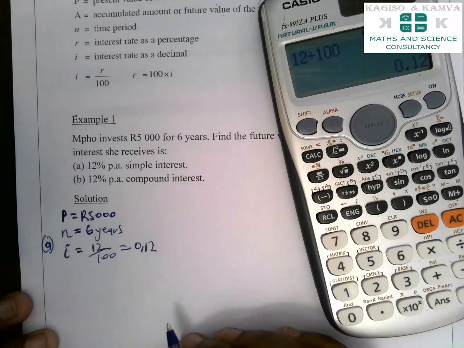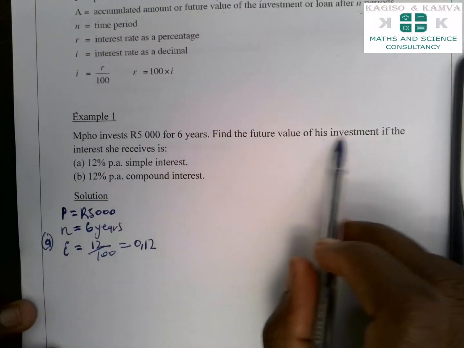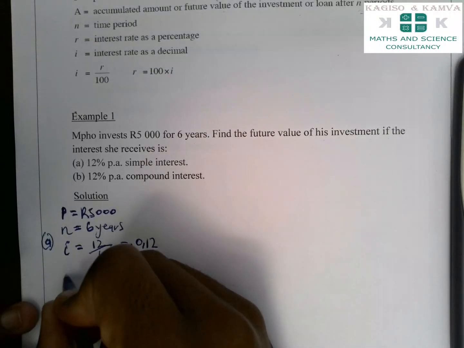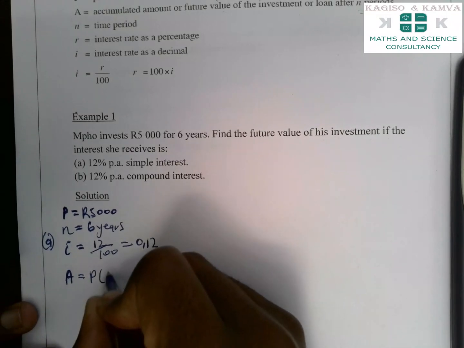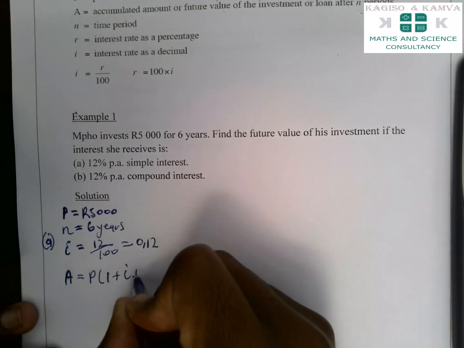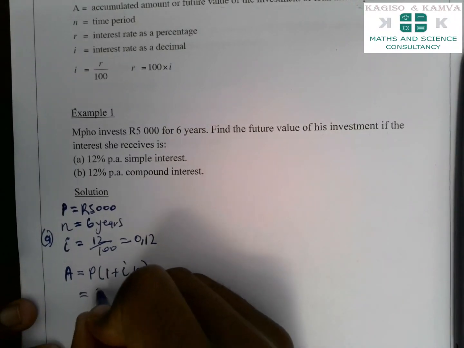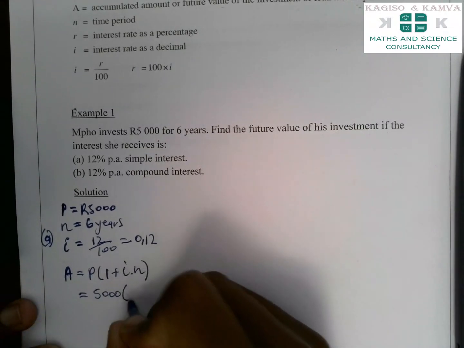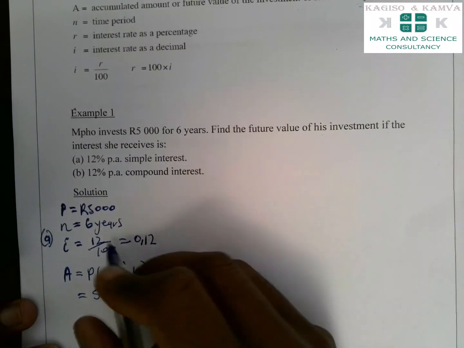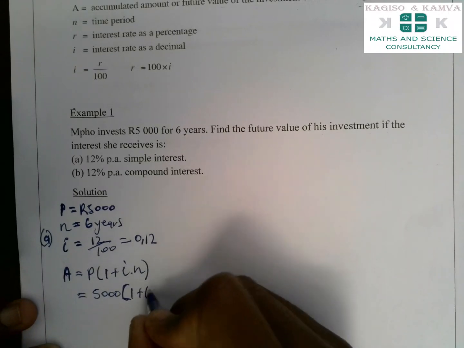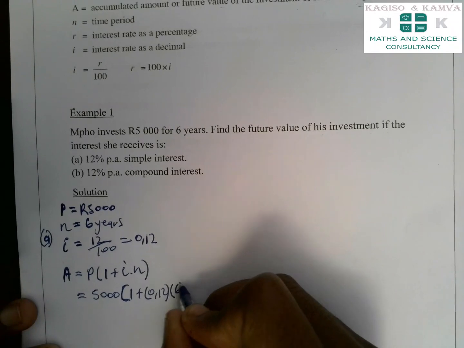We want to find the future value of his investment, so the accumulated amount is equal to the present value times (1 plus in). This is going to be 5,000 into (1 plus i, which is 0.12, times the time period, which is 6 years).